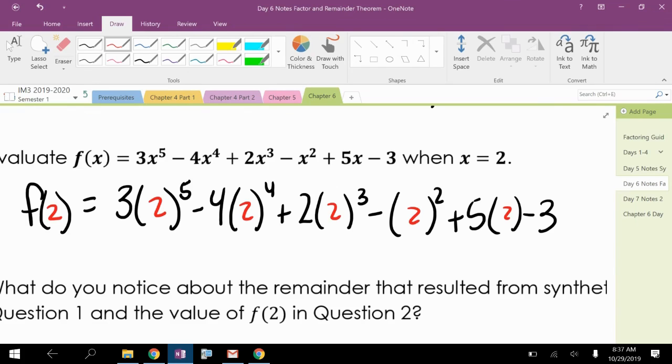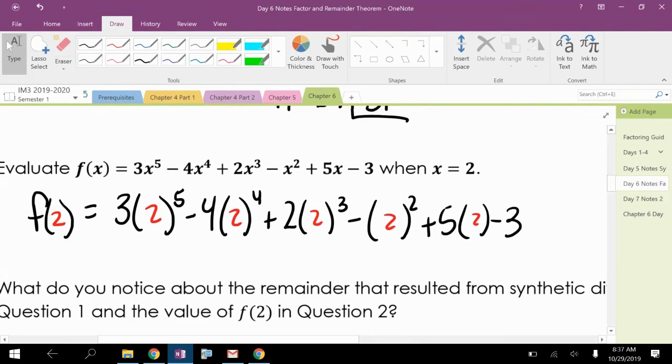3 parentheses 2, close it up, to the 5th. -4 parentheses 2 to the 4th. Give everyone a second to try it. You should just get a number.